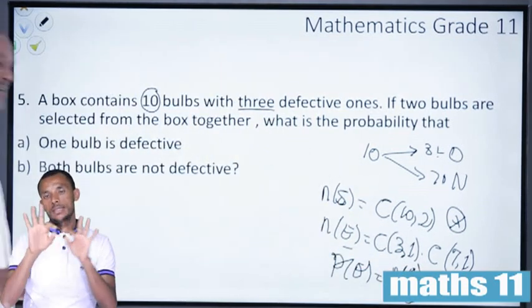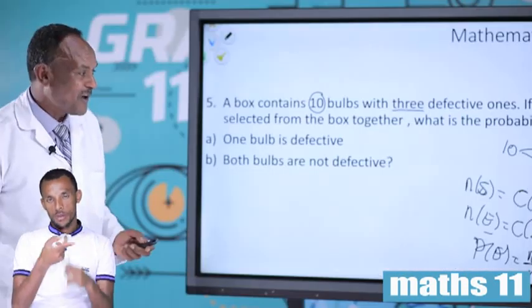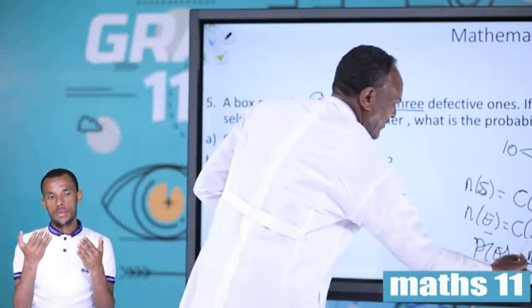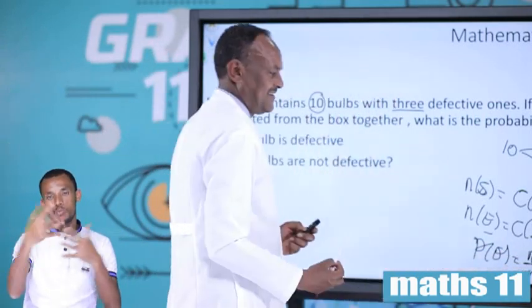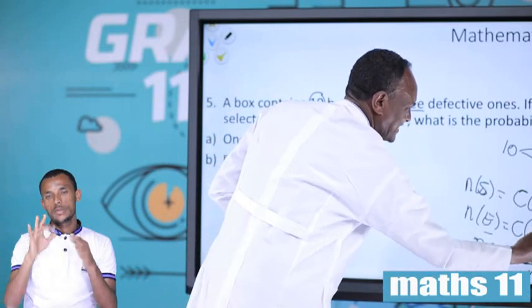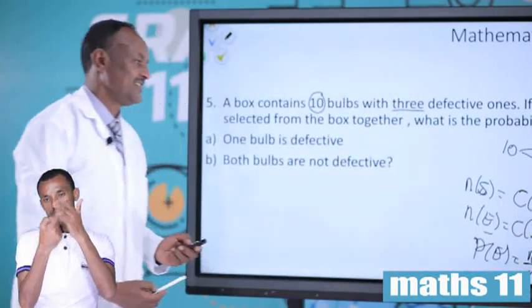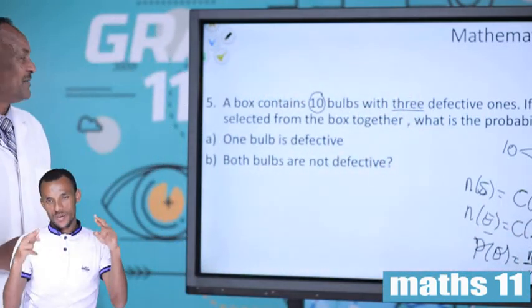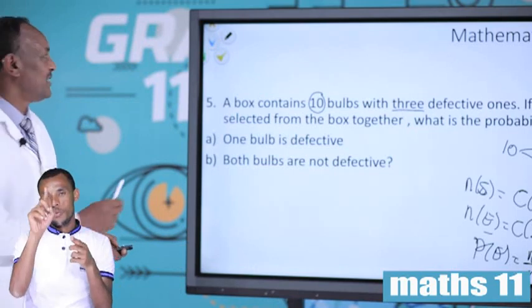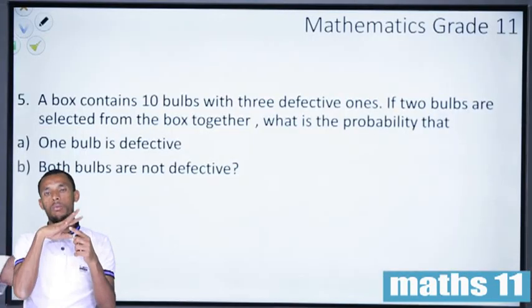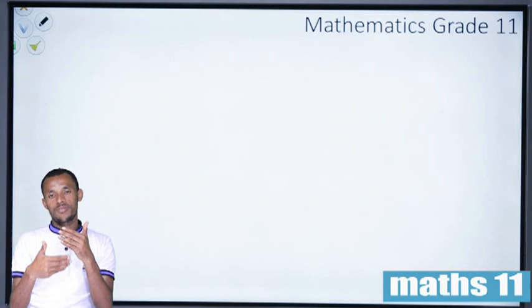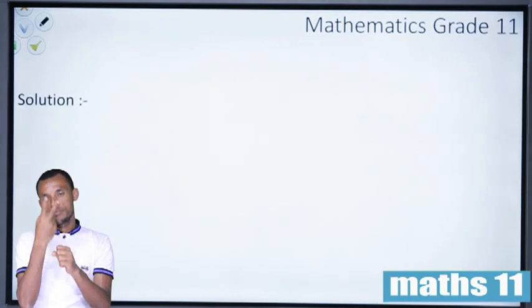The number of elements of the event is the product of the 2 combinations. The number of elements of the sample space is this value. The ratio of the 2 gives the probability of one bulb being defective. Then, how it will be calculated, you can see in the solutions.